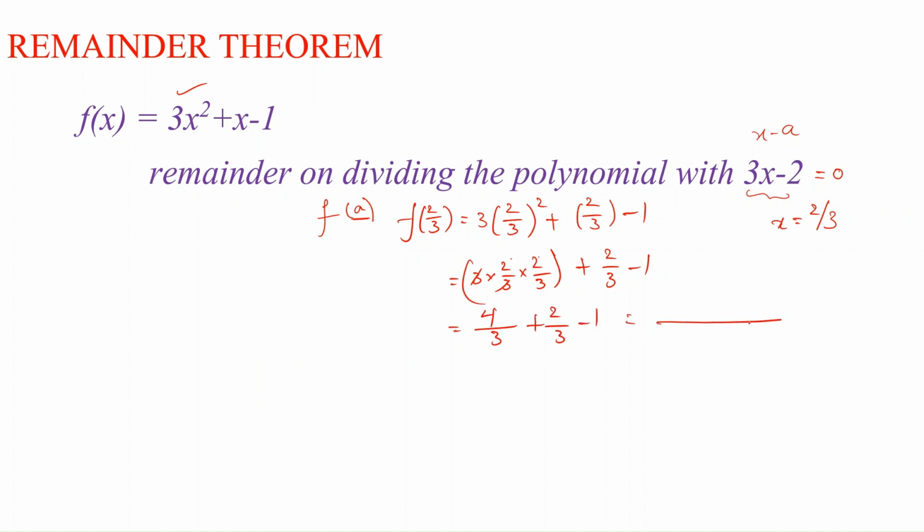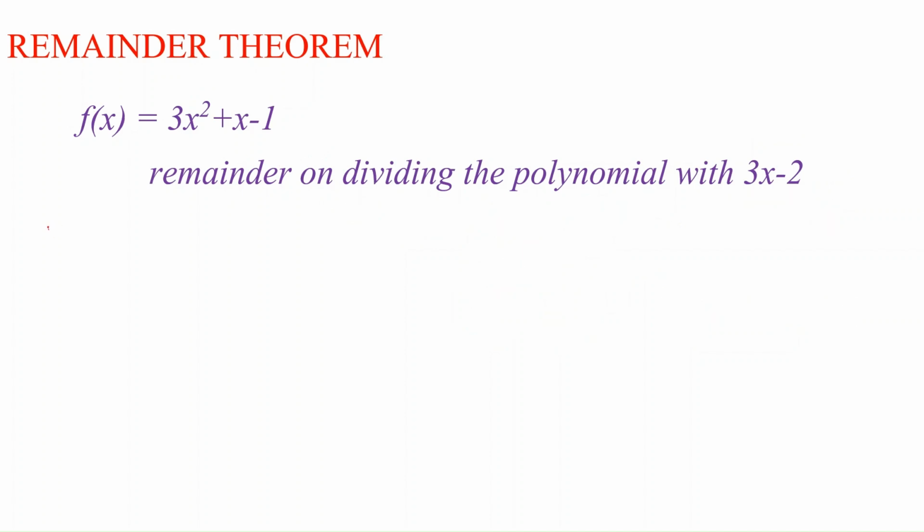Now here the LCM is 3, 4 plus 2 minus 3. That is 6 minus 3 is 3, 3 upon 3 is 1. So we get a remainder of 1. The remainder we have got on doing f of 2 by 3 is 1.